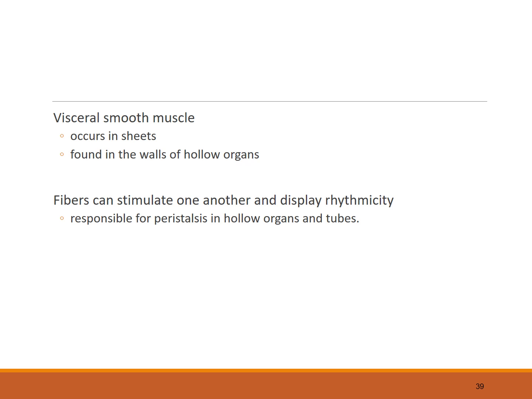They're found in sheets, and the stimulation of one fiber can then cause the stimulation of an adjacent fiber. And so these fibers can display rhythmicity. This allows for peristalsis, alternating contraction of smooth muscle fibers that allow for movement of food through the digestive system.